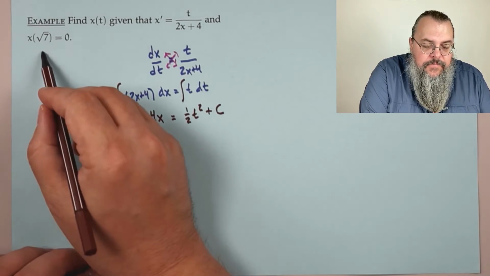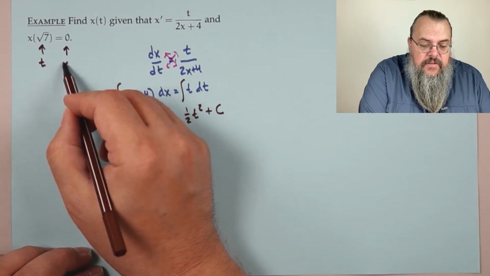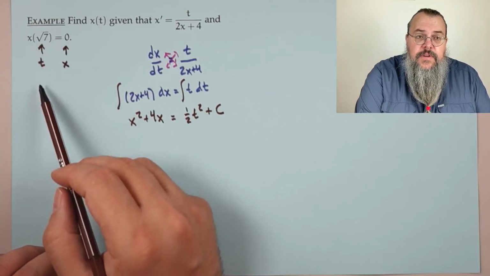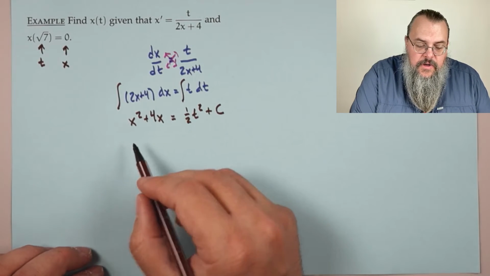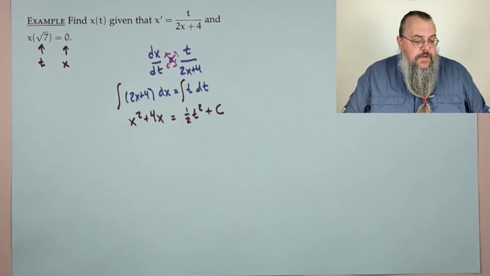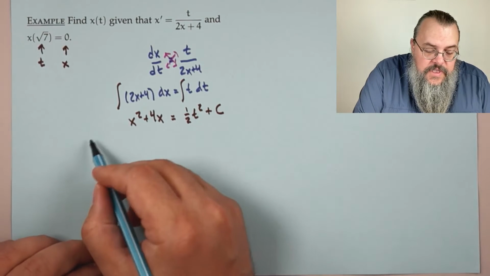Because what does this say? This is our t, here is our x, and so when we plug in t equals square root of 7, we should get x equals 0. So I'll switch colors here, since we're doing a slightly different thing. Now we're in our solve for c.